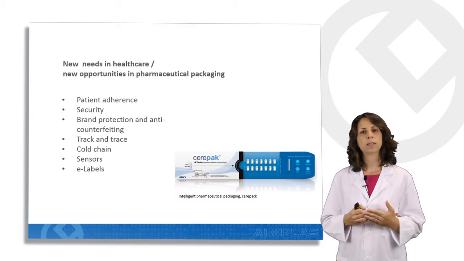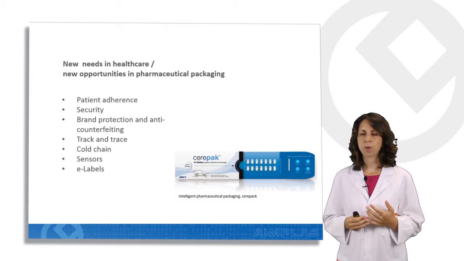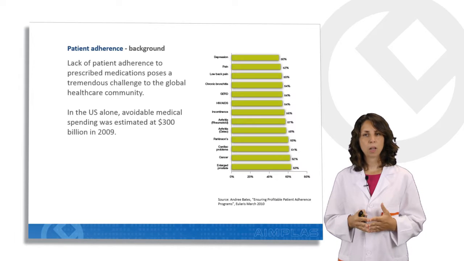There are some problems regarding patient adherence, security and brand protection, track and trace, cold chains, and new developments in sensors and e-labels. For example, the lack of patient adherence to prescribed medicines poses a tremendous challenge to the global healthcare community.